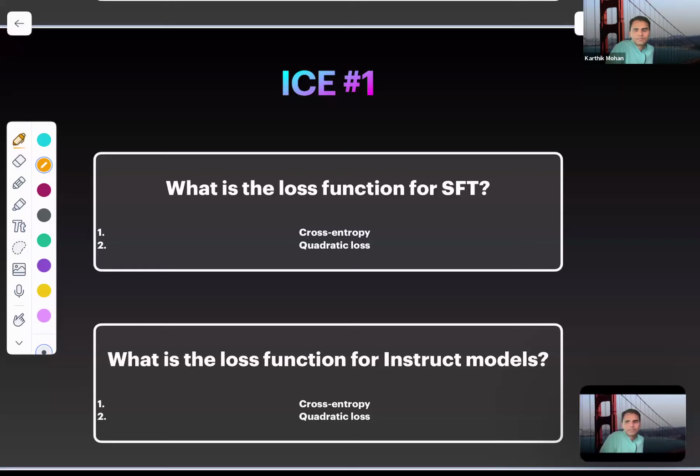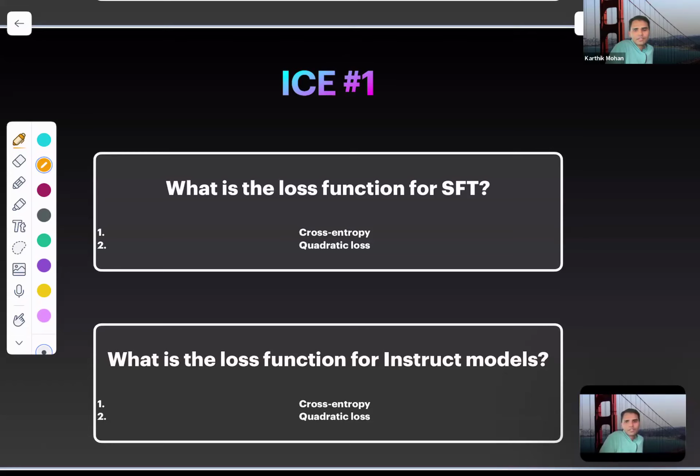Any thoughts? Yeah, it'd be the vocabulary size. And what would be the vocabulary size for some of these large language models? Yeah, the vocabulary size can be very huge, right? So it is a multi-class classification, so you would still use cross entropy.